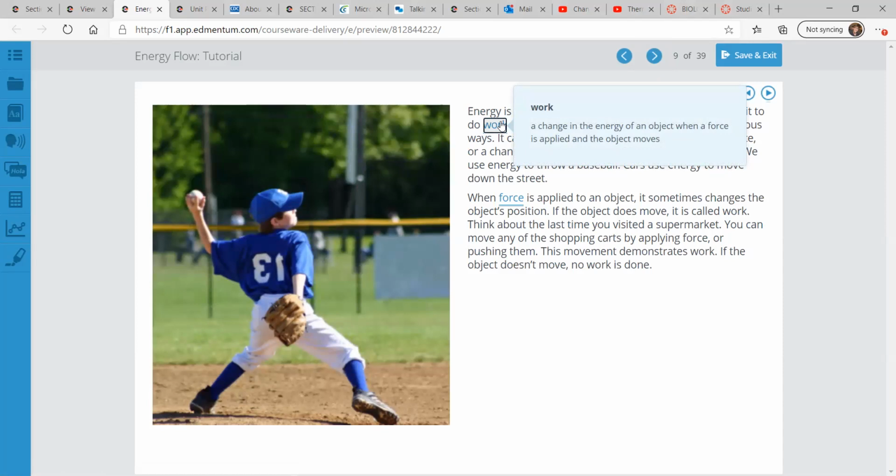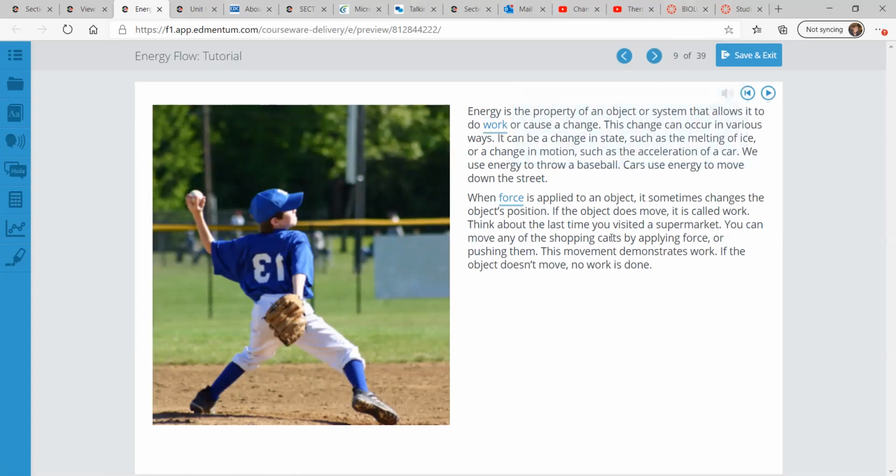That is doing work on something. This change can occur in various ways. It can be a change in state, like melting ice, or a change in motion, such as the acceleration of a car. We use energy to throw a baseball. Cars use energy to move down the street.